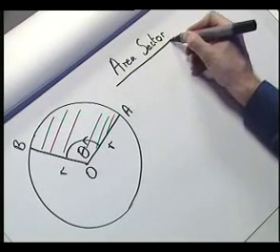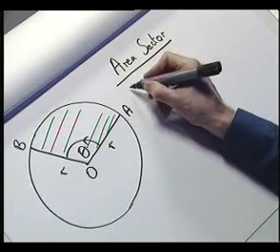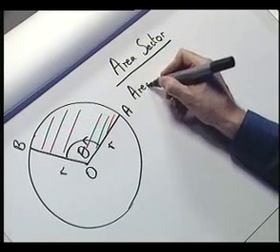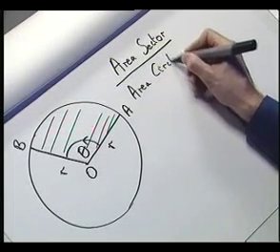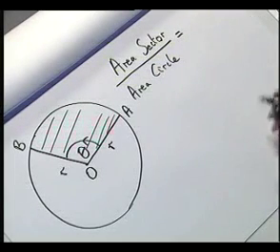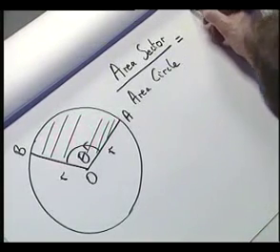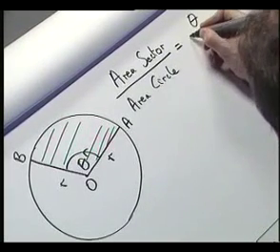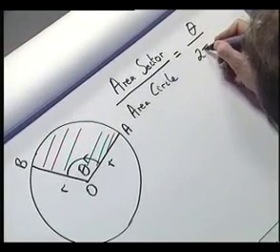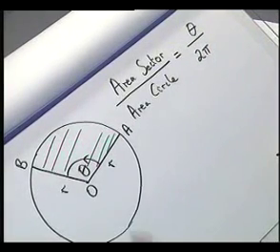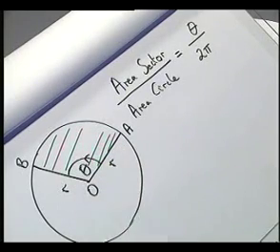as a proportion or a fraction of the area of the circle must be the same fraction, the same proportion as the angle is of 2 pi all the way round.